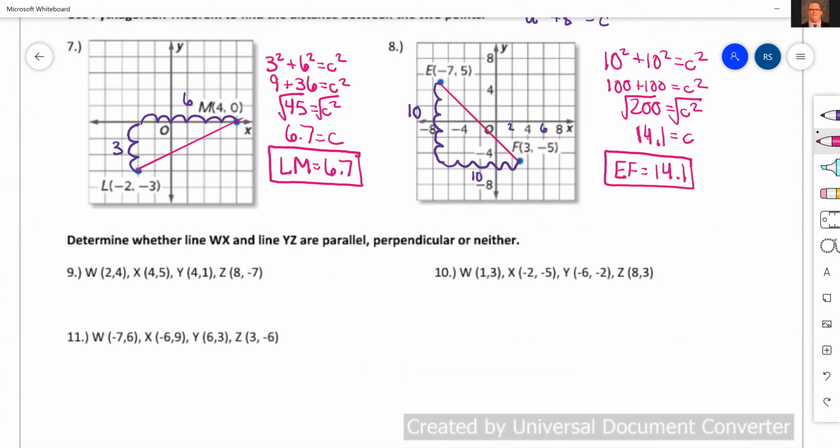So in each case, we're dealing with line WX and then YZ. So I'm going to run through my points here and highlight all the WX's. That way I know they go together. And then the YZ's go together.